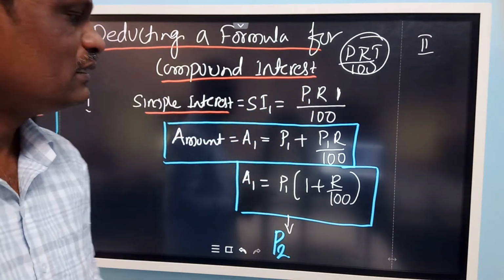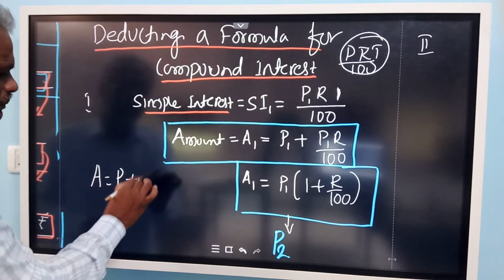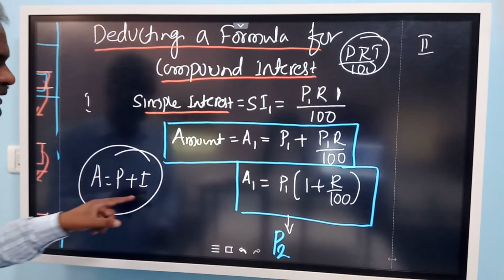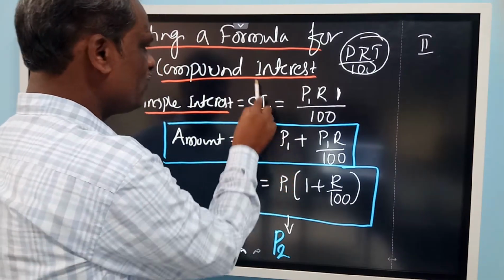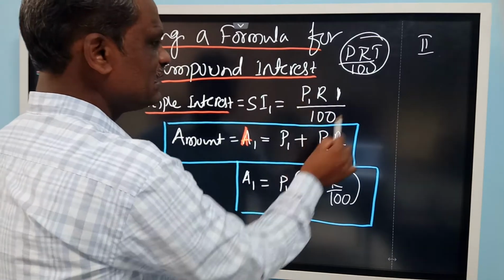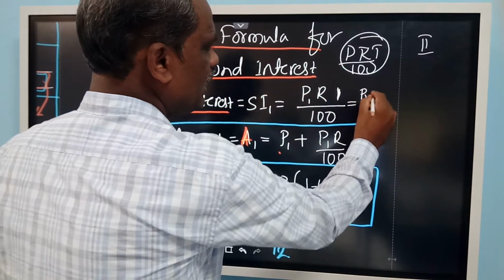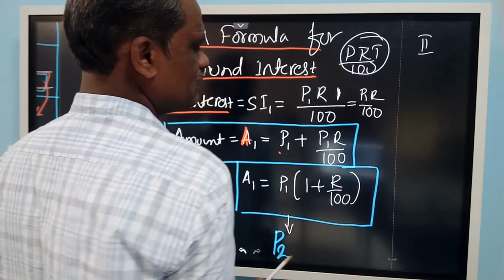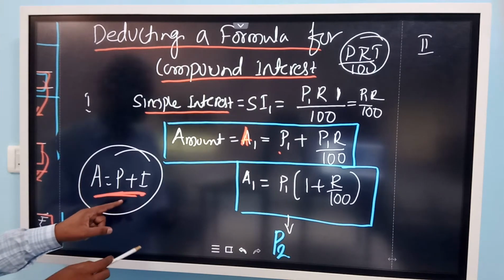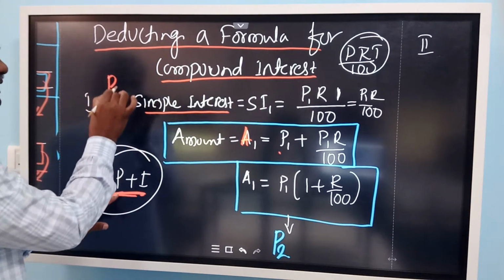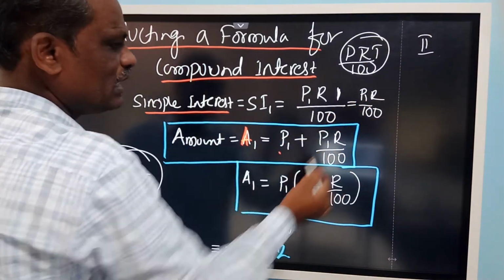Then the amount, you know that amount can be calculated using principal plus interest. If you add principal and interest, you will get the amount. So amount at the end of the first year is principal 1 plus this interest. Interest we got is P1 R by 100. So P1 plus P1 R by 100.